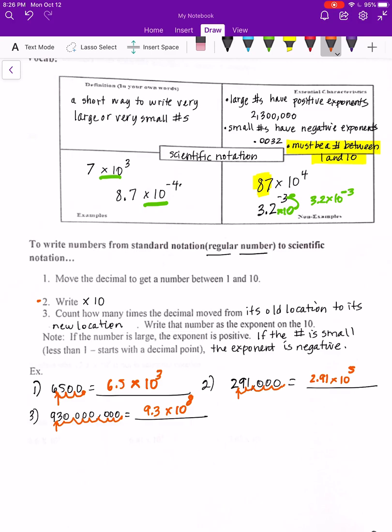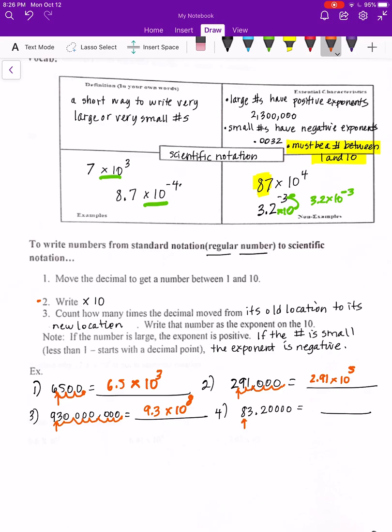Okay. What about something like this, number 4? What if I have 83.2000 like that? Now, I see my decimal this time, but I still need to get a number between 1 and 10. 83, if I left it like that, where this decimal is right now, is not a number between 1 and 10.